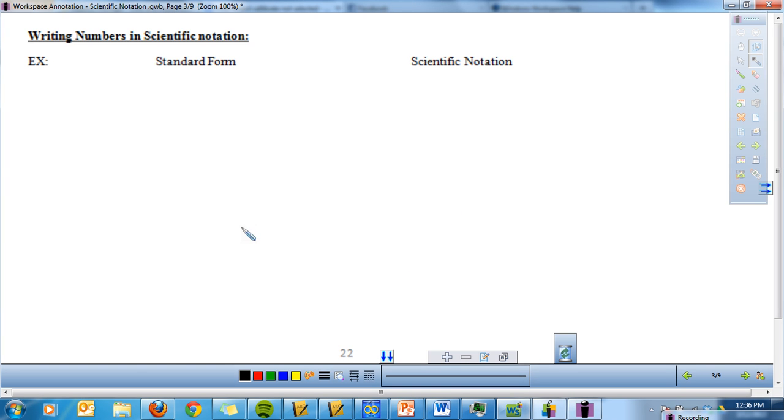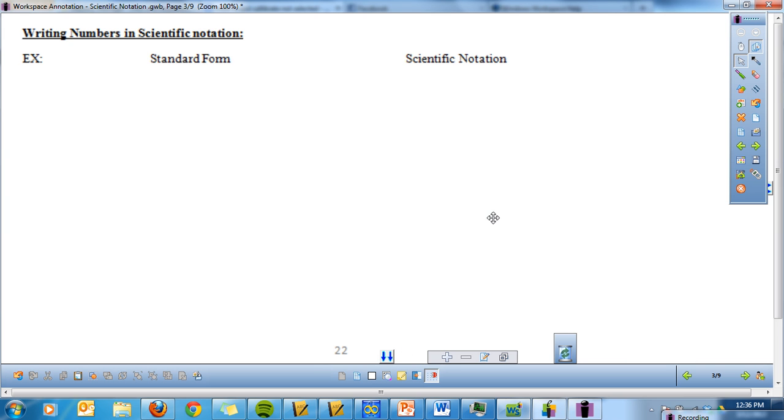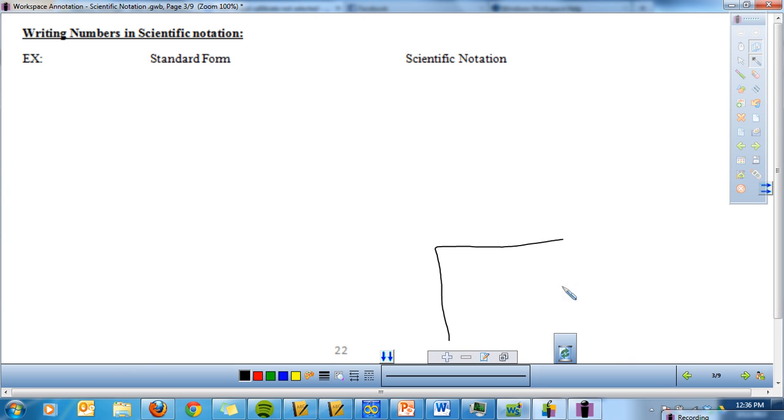Okay, before we start, I want you to write a couple of notes for yourself on how we're going to do scientific notation. I'm just going to write those notes down here because I'm going to have a little bit of extra space down here. Put a box. I'm going to put my notes right here. The first thing that you're going to want to do is, number 1, place your new decimal.